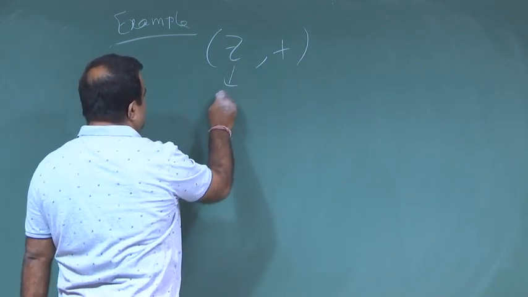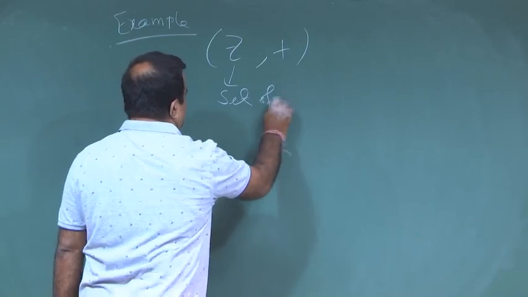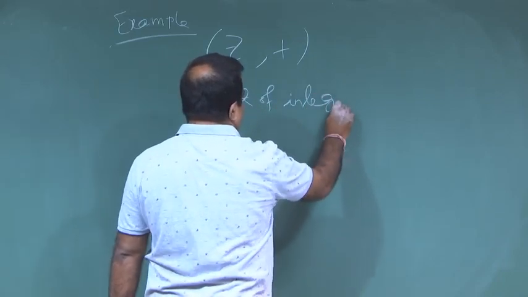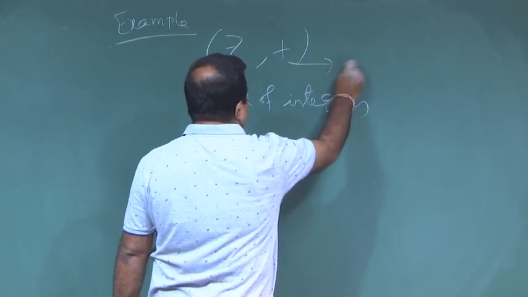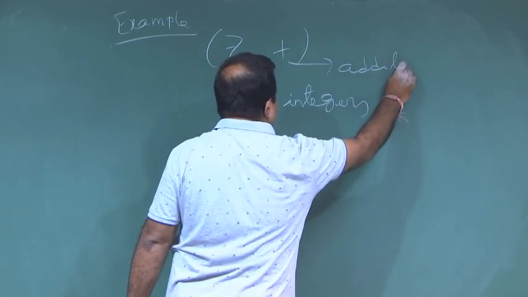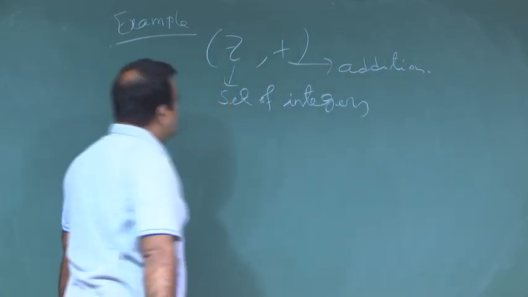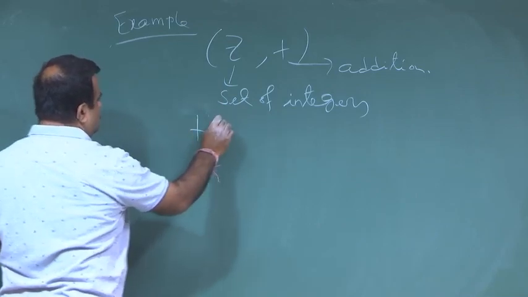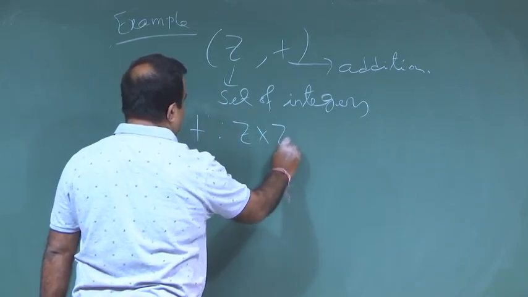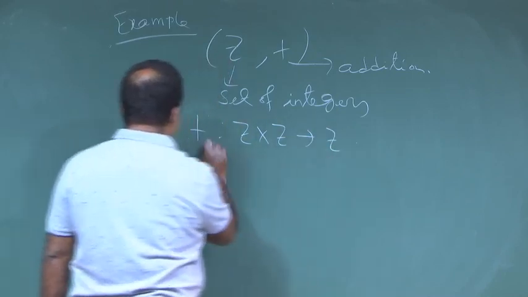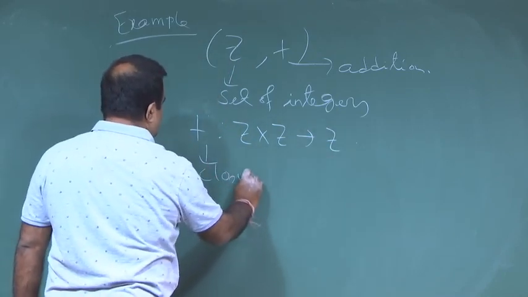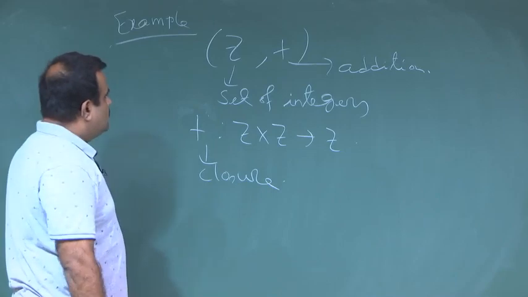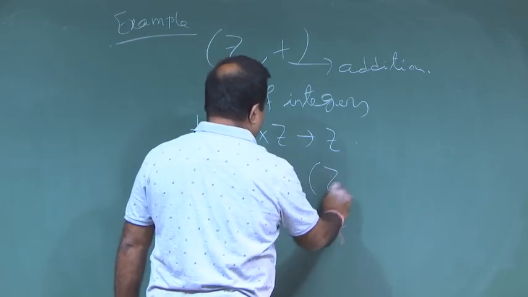Z is the set of integers and plus is the real number addition. That means plus is a binary operator from Z cross Z to Z, so this is closure. That means this is a groupoid.